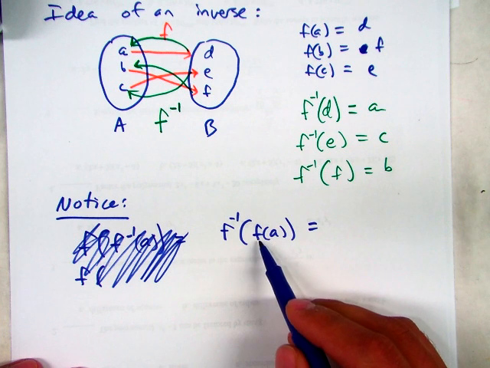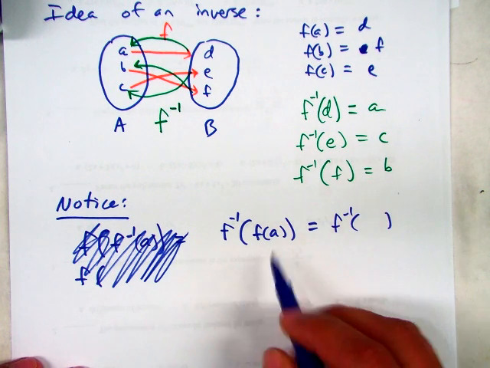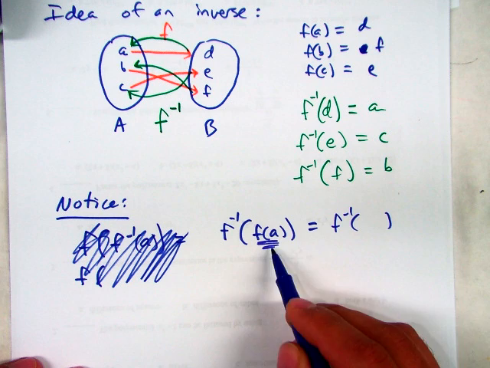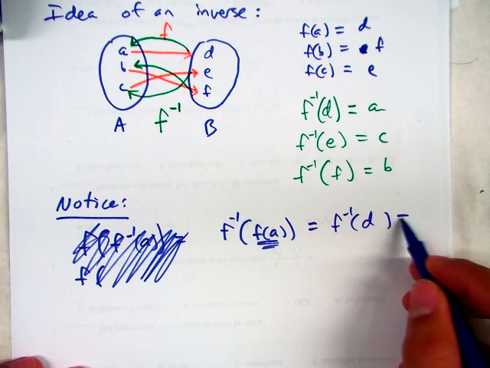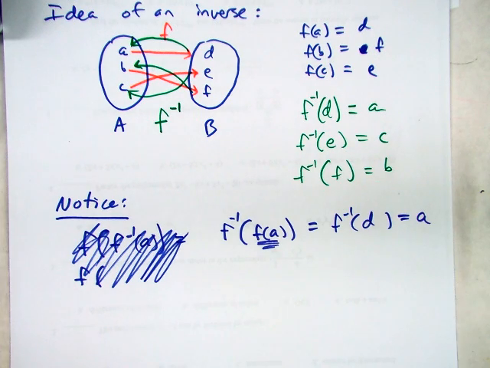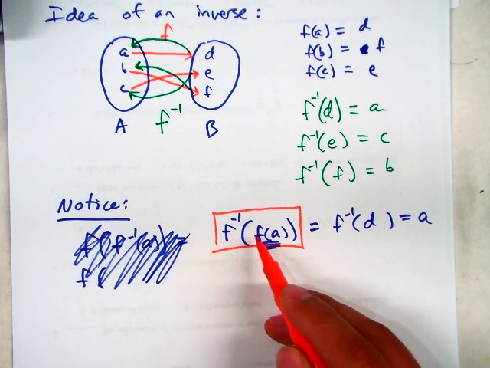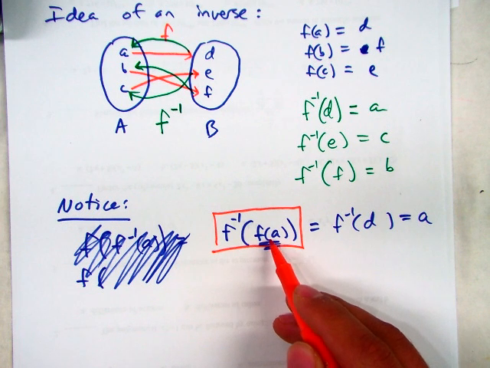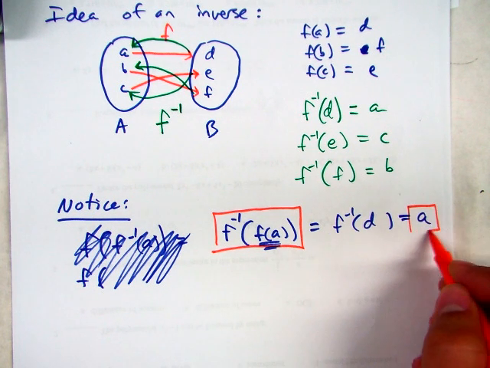Well, what's f of A? F of A is D. And now do we know what the inverse evaluated at D is? A. In other words, when you do the composition of the inverse with F, everything pretty much canceled out and your answer was A. Do you guys see that?